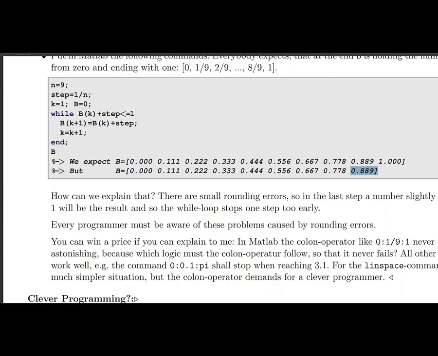Interestingly, in Matlab we have this command, and knowing the problems above, one should expect that here also the 1 will be missing in the end, but surprising to me is that it does not fail. If you don't know very much about floating point numbers, then you are not surprised. If you know the nature of floating point numbers, you are surprised that here everything will go well.